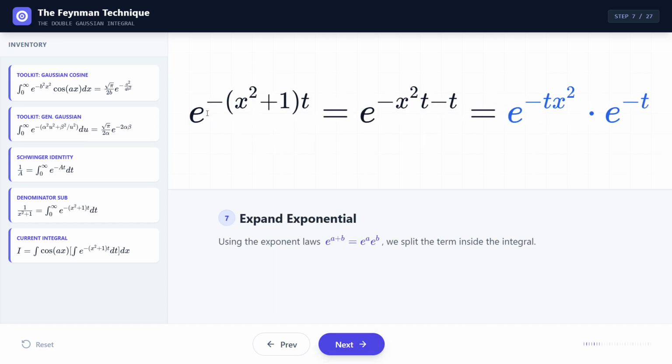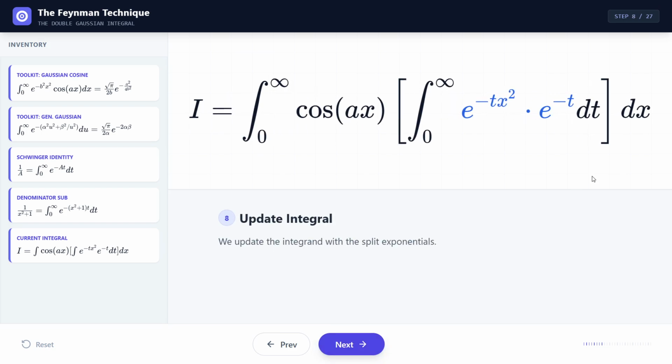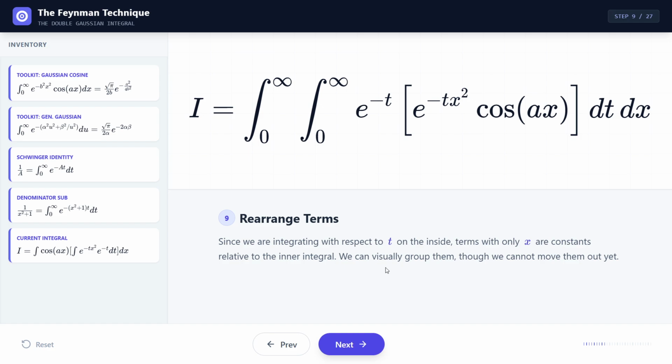And then we can use exponent laws to separate this into the product of two exponentials. All right, and then we plug that modified form back into our integral. And then we notice that since we're integrating with respect to t on the inside, the terms with only x are constants.